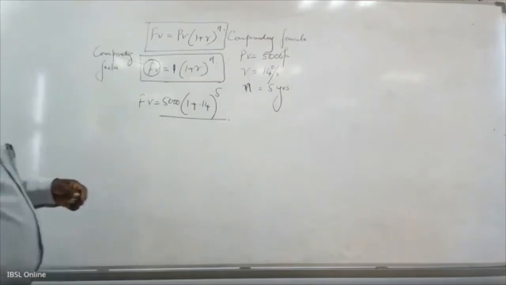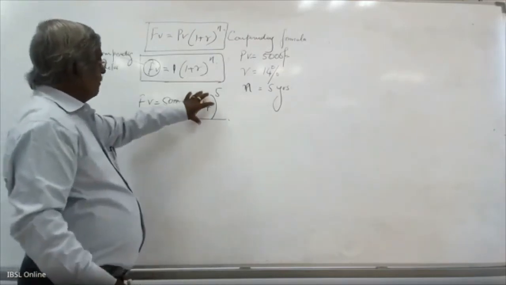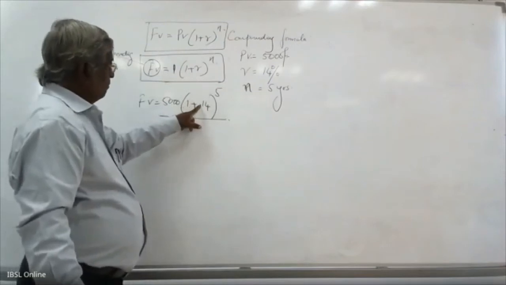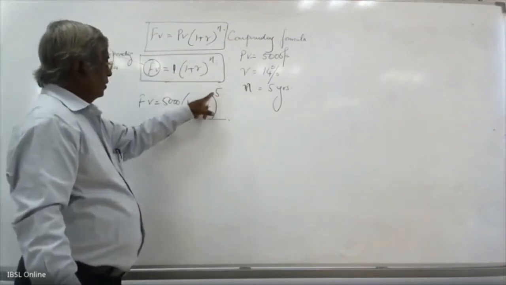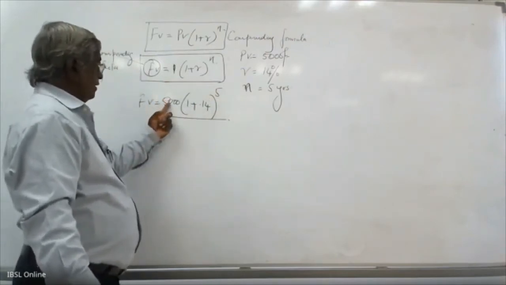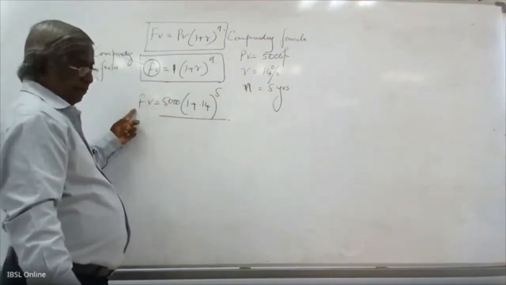So first you calculate the compounding factor, that is (1 plus 0.14) to the power 5, and then multiply by the PV, present value. You get the future value.